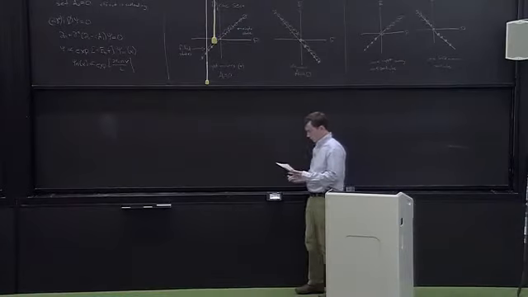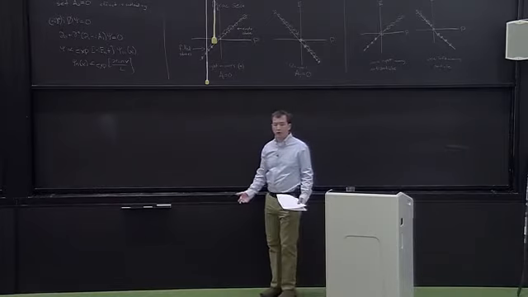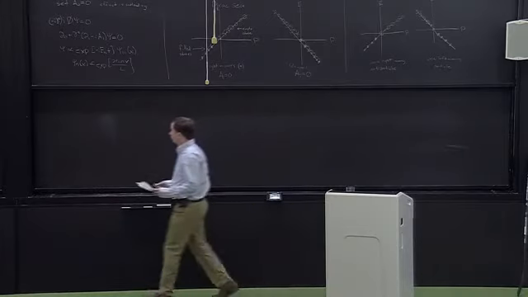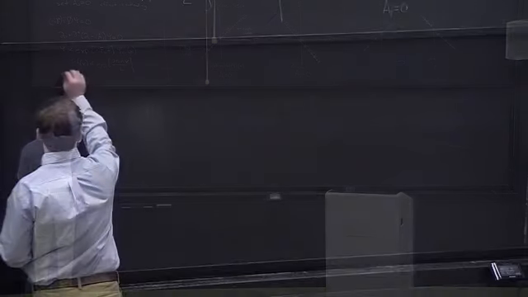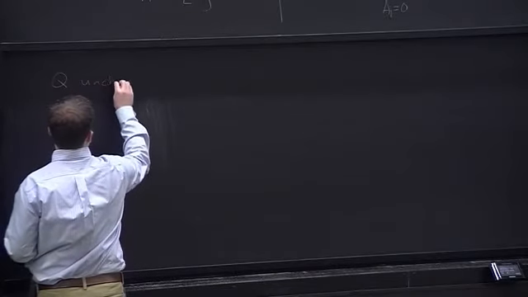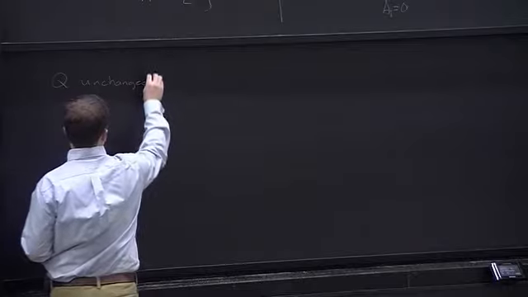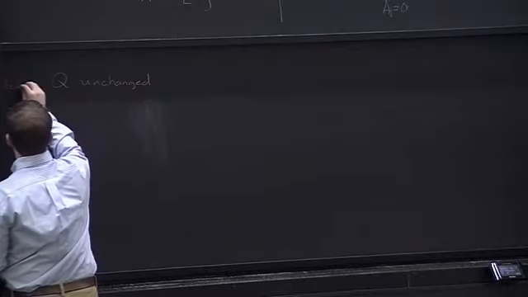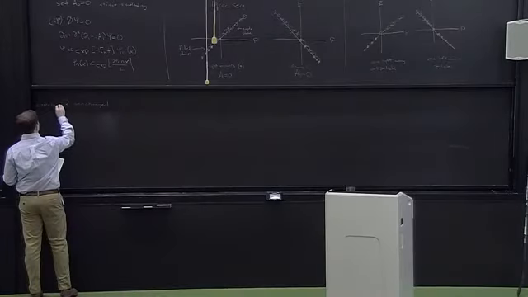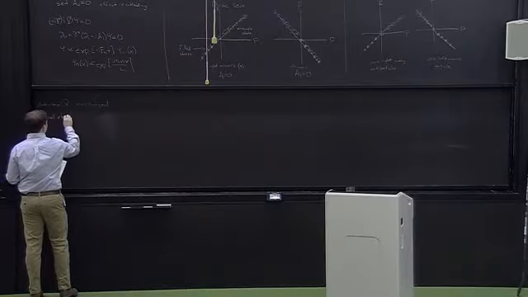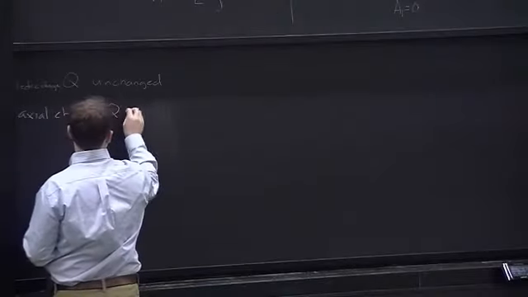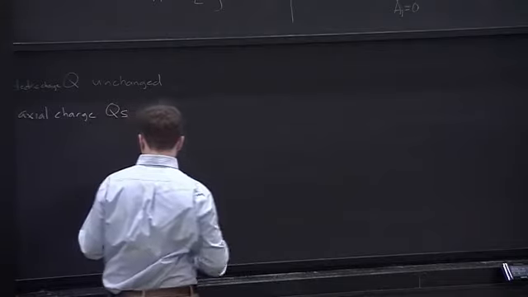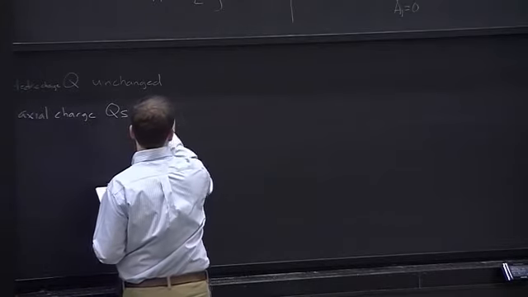So the electric charge is unchanged. We have one extra particle and one extra antiparticle. But the axial charge Q5 is changed by 2 units.